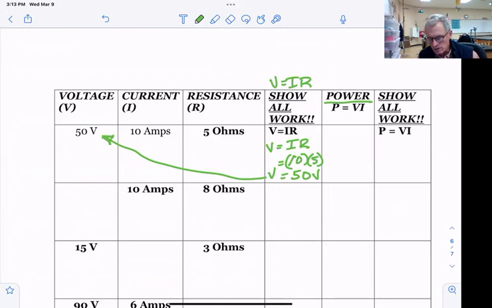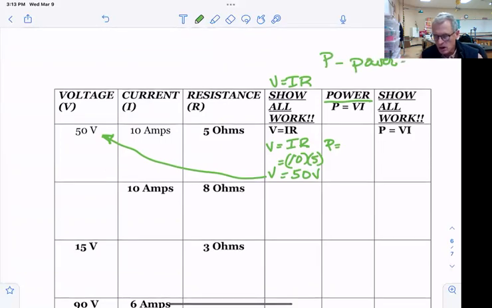The power, and the units for power, let's talk about that for a second. This is power, and the units for that are watts.